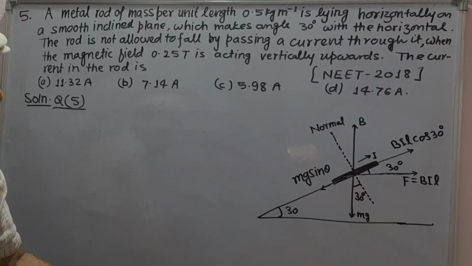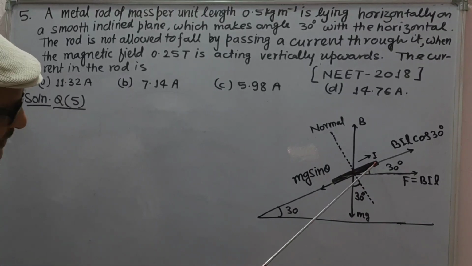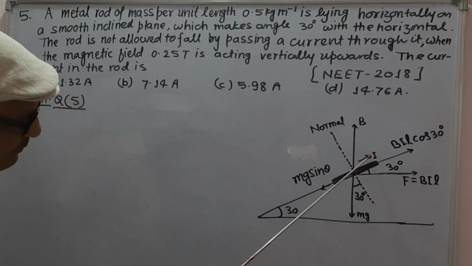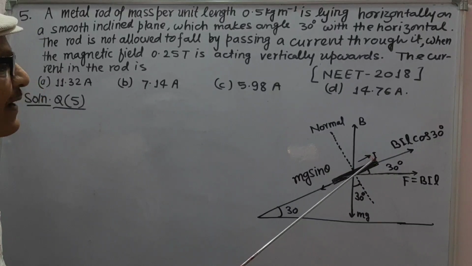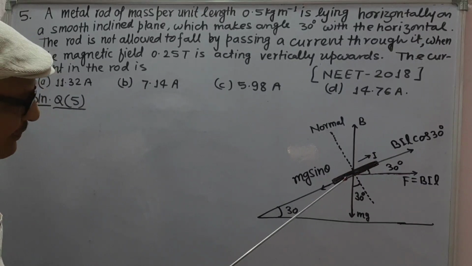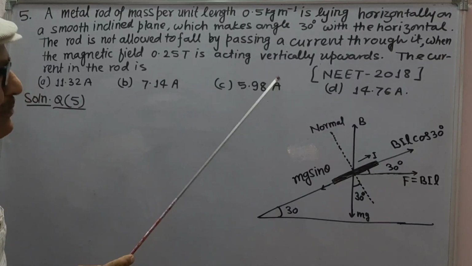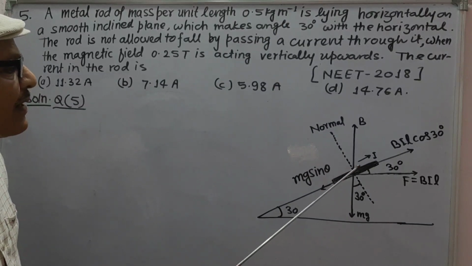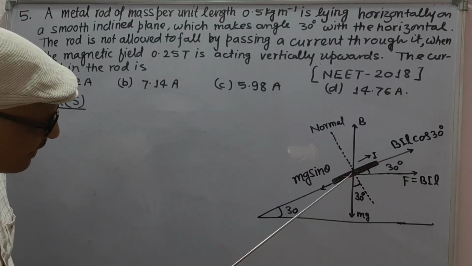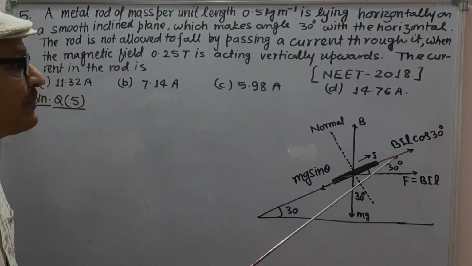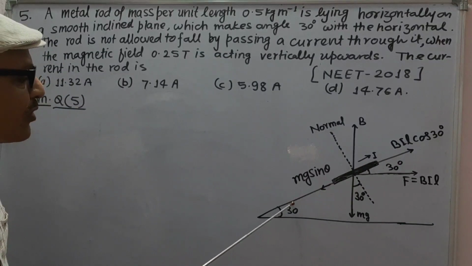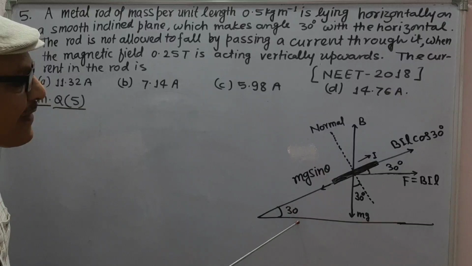Now, to understand the question, suppose this is a rod carrying current I in this direction. Its length is L and the mass per unit length is given to be 0.5 kg per meter. The rod is lying in equilibrium on the inclined plane which makes an angle of 30 degrees with the horizontal.